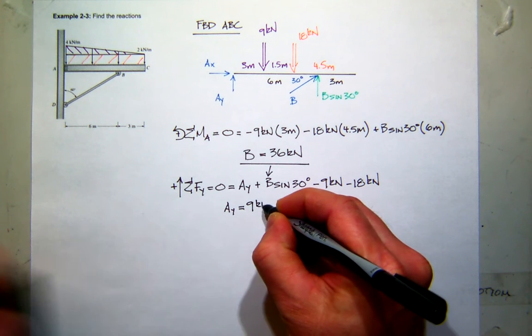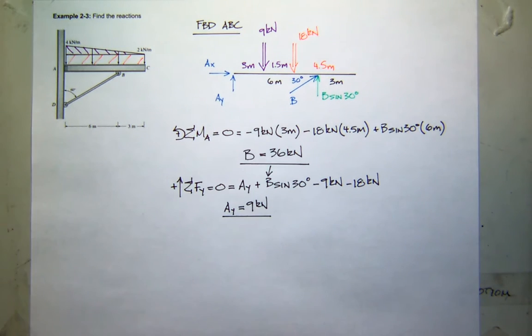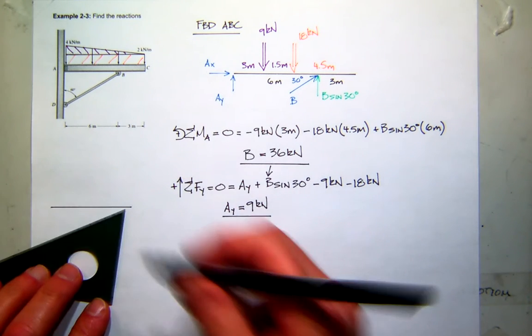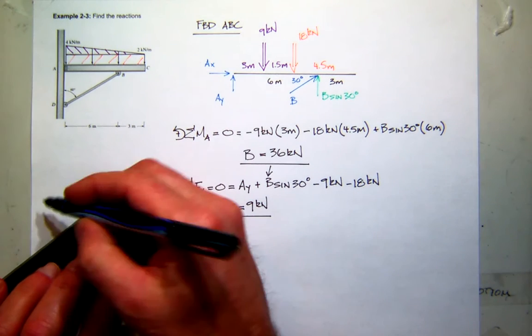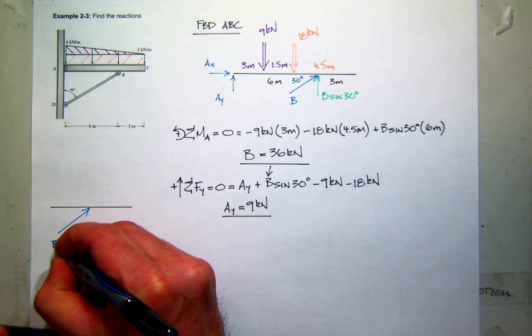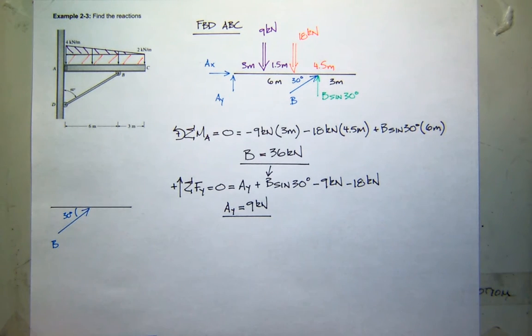I know you already said it, but can you explain? Well, let me draw it off to the side here. So this is the bottom of the beam, and I assumed B was going in this direction, right? And we knew that this was 30 degrees.